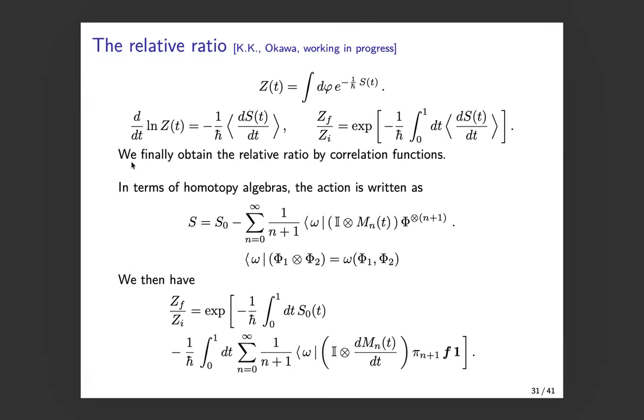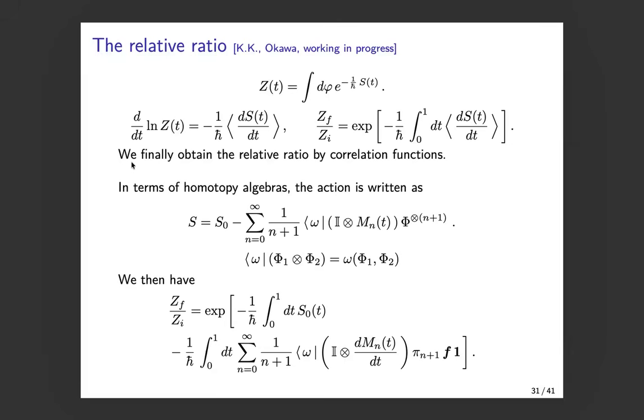So let us rewrite this formula into the homotopy algebraic manner. And in terms of homotopy algebra, the action was written like this. So the difference is that we include the absolute value of this 0. Sorry, the part which is irrelevant from the field value is 0, and we just denote omega, bra omega by just this symplectic form.